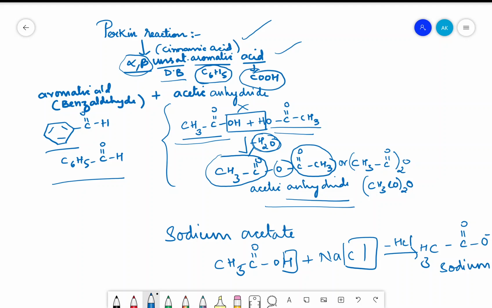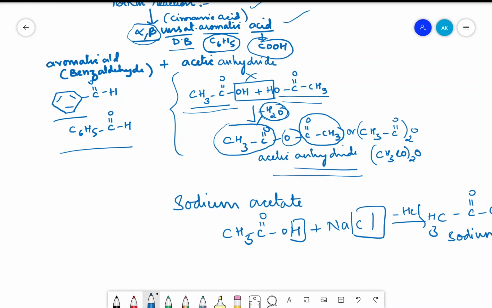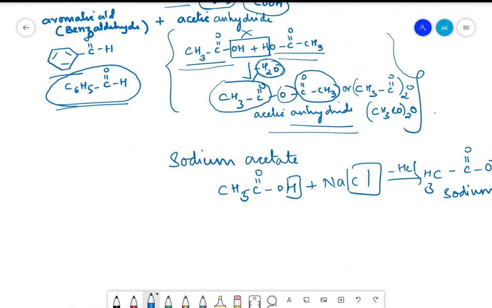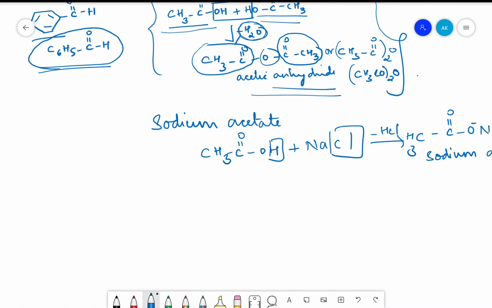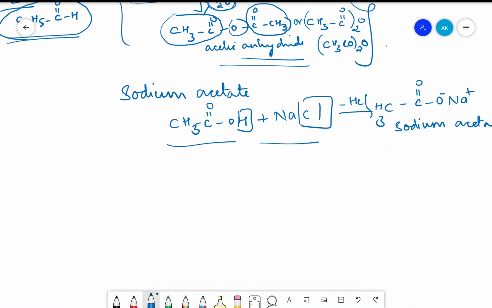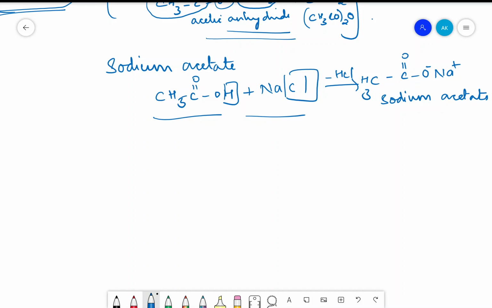We are going to derive cinnamic acid using an aromatic aldehyde, example is benzaldehyde, and how it is represented we have already seen, followed by the reaction with acetic anhydride, which is made in this particular form, and sodium acetate, which is prepared when you combine acetic acid with a salt. That is why it is called the alkali salt of the acid in our notes. So in the example we have written, benzaldehyde reacts with acetic anhydride in the presence of sodium acetate at 180 degrees Celsius to form cinnamic acid.